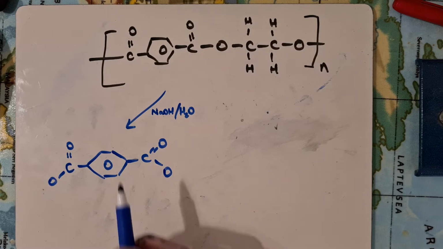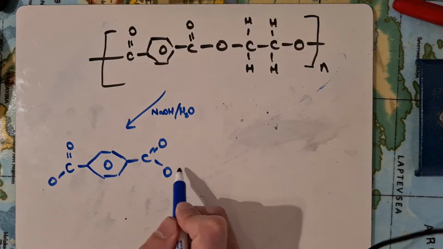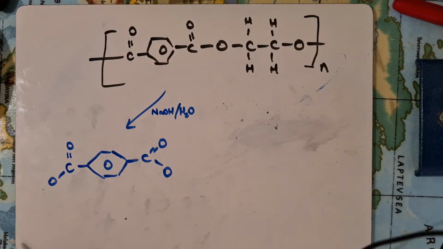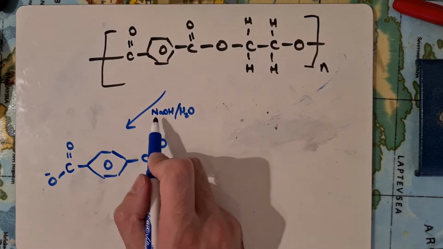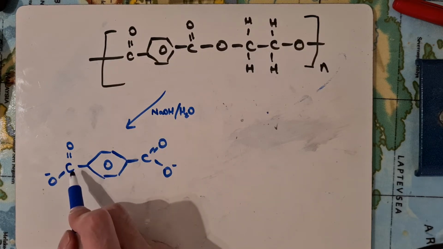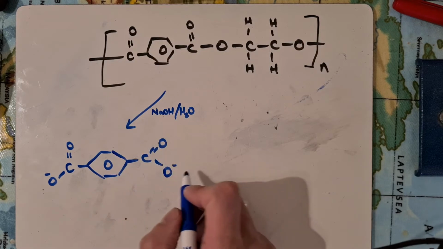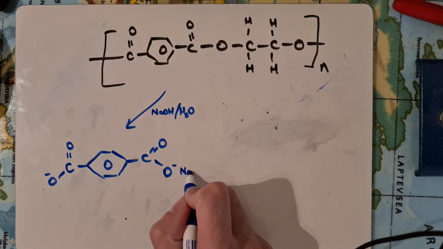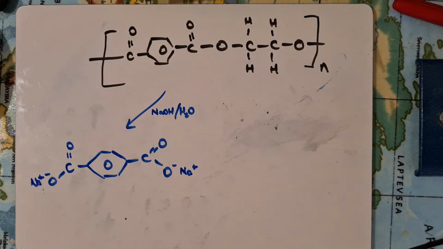Now, normally you'd expect the H's to go on here, so to get a H there and a H there. But because this is in a base, sodium hydroxide, and these are acids, they're going to form the carboxylate salt, and we're going to get Na plus and Na plus on here.